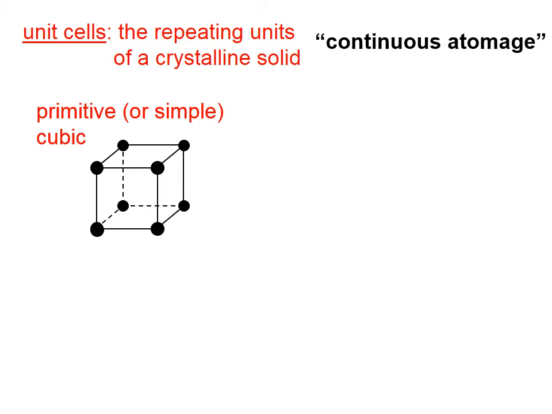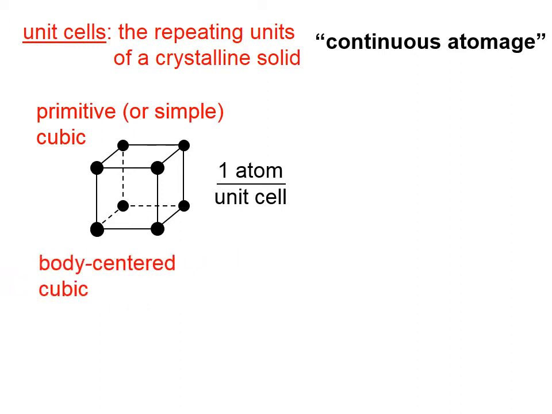That is, he's been cut in half once, in half twice, and in half a third time. That's 1/2 times 1/2 times 1/2. So only 1/8 of him is inside the box. Now, if we count how many atoms here, there are 8 of them, and each of them have only 1/8 of them inside that box, which gives us a total of one complete atom inside that unit cell, inside that box.